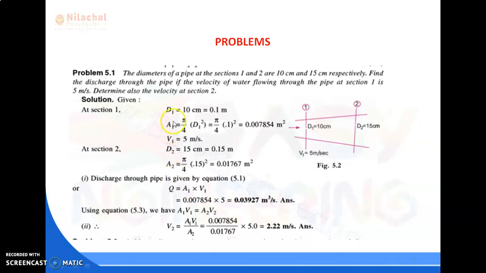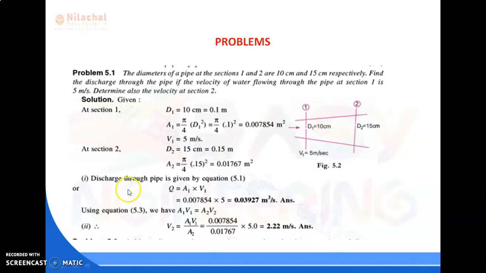Let's see. As the diameter d1 is given, we can find the area A1 equal to pi by 4 d1 square. V1 is given, and d2 is given, so we convert it into meter: 15 centimeter equal to 0.15 meter. Similarly we find A2, the area at section 2, pi by 4 d2 square, which is 0.01767 meter square.